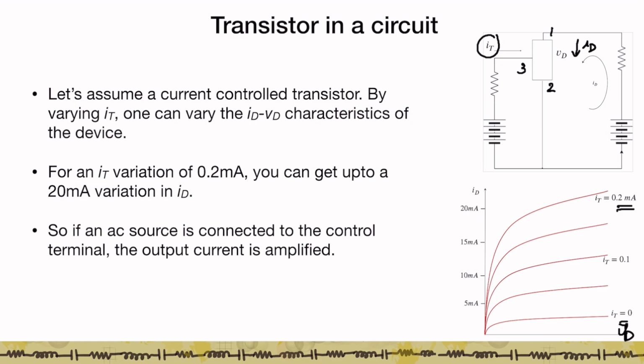So for small changes in IT, I'm going to get a large change in ID. IT goes small, ID goes large, and that is the amplification. So if I have an incoming signal coded in as a current, as an IT, then my output can be taken from ID, and that's going to have a larger variation in amplitude, which means that I've amplified the signal.